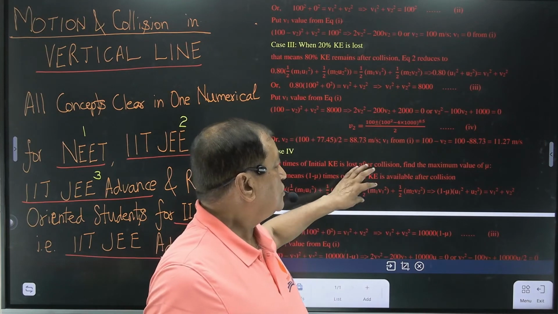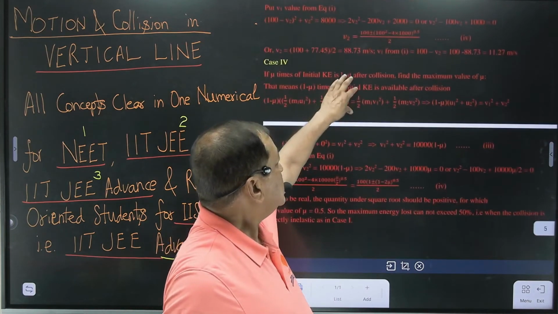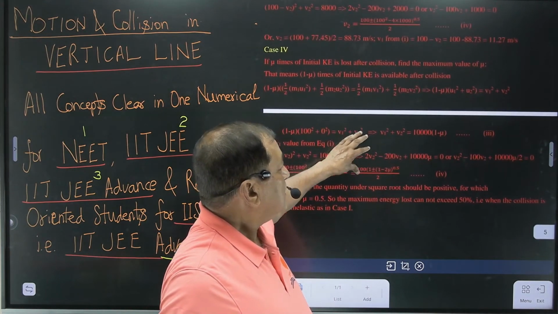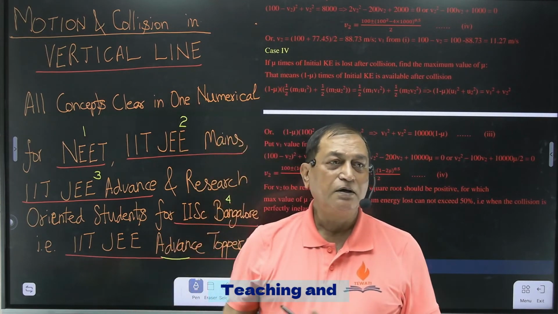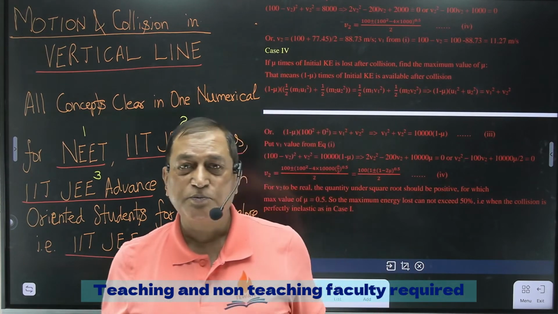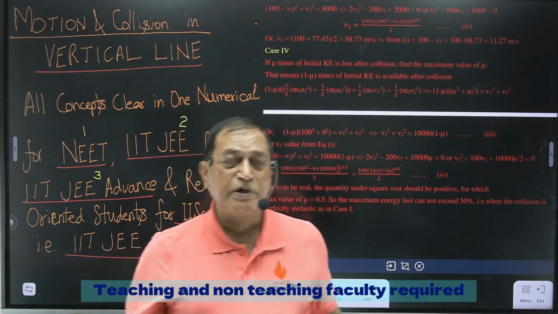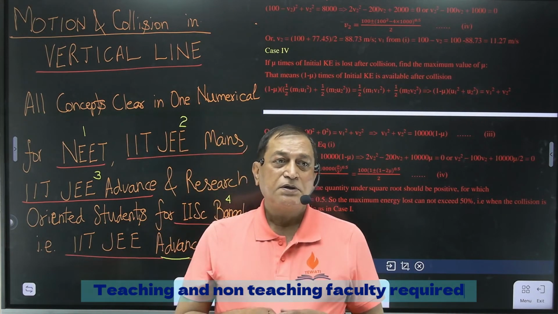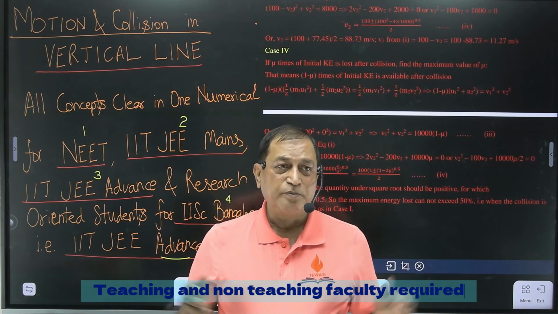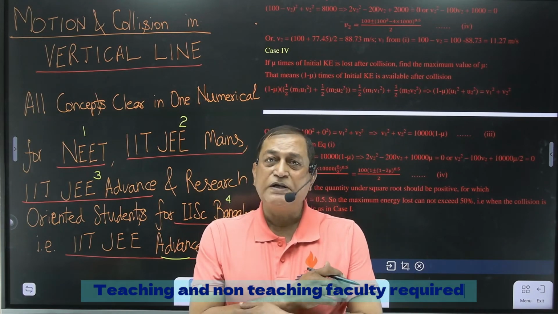Now we come to the last case, case 4. It is a bit research oriented. As you know, IISc Bangalore is number 1 in India in research. IITs are no match for IISc Bangalore for research. And now even among the JEE toppers, they are also going to IISc Bangalore.